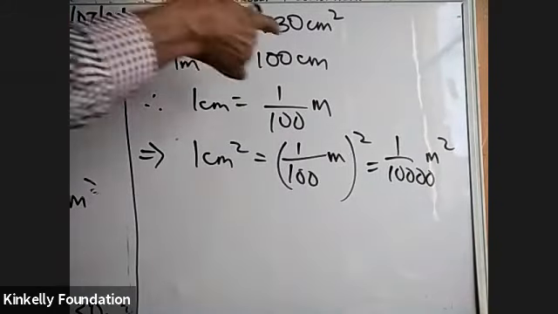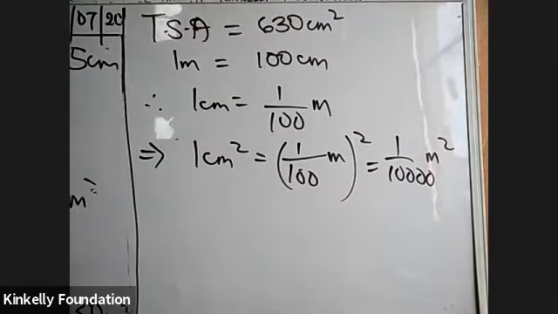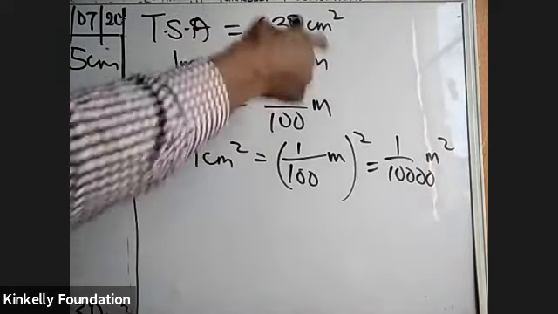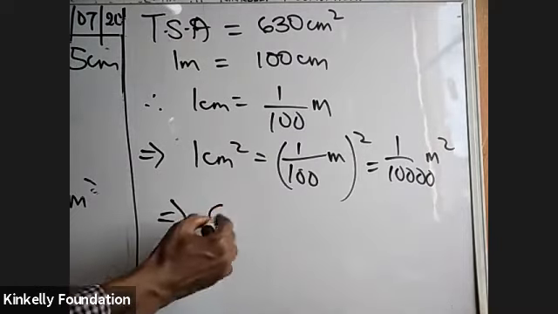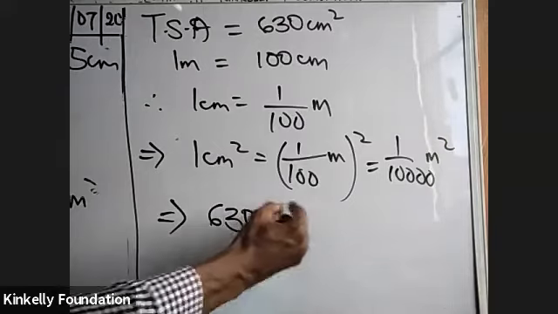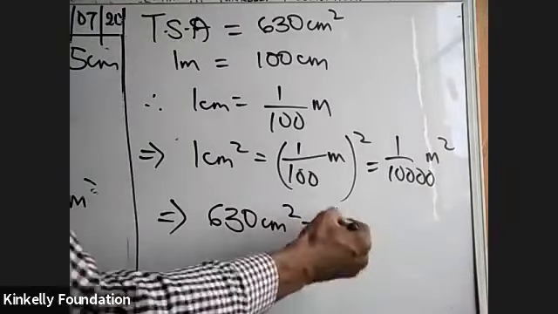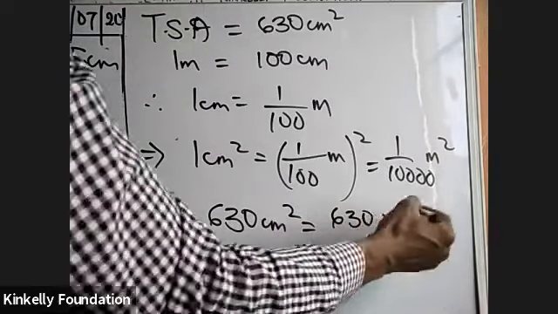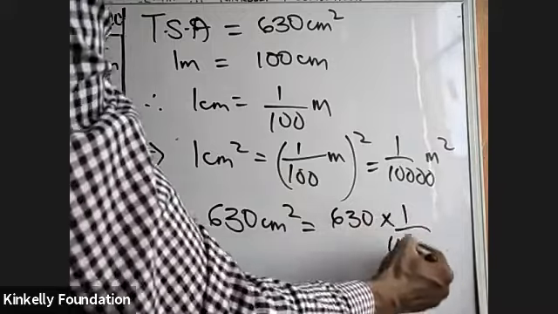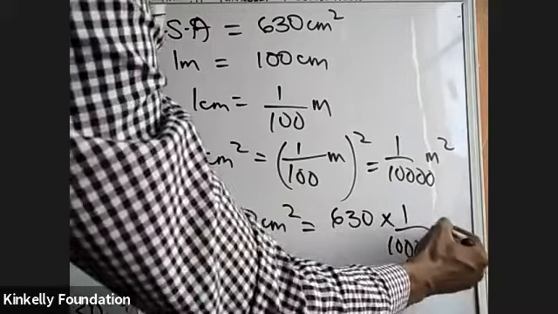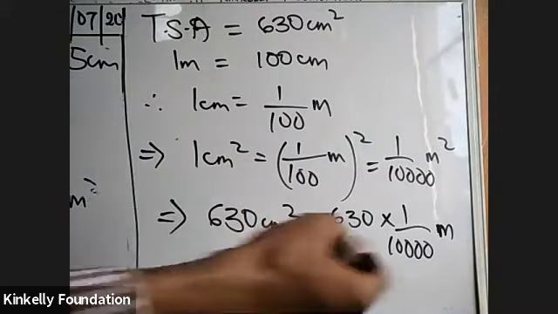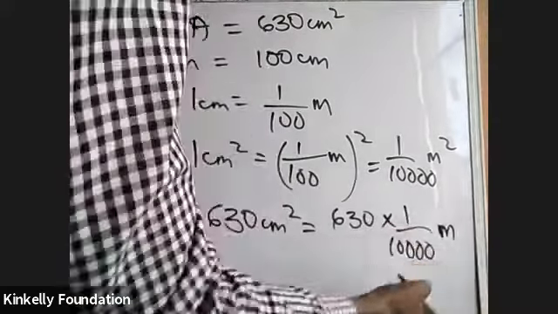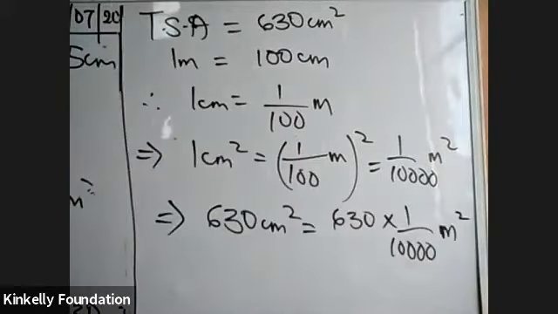So, if you are converting this to meter squared, 630 cm squared will now be 630 times 1 over 10,000 meters squared.